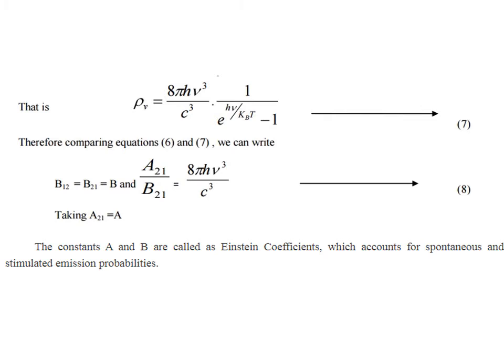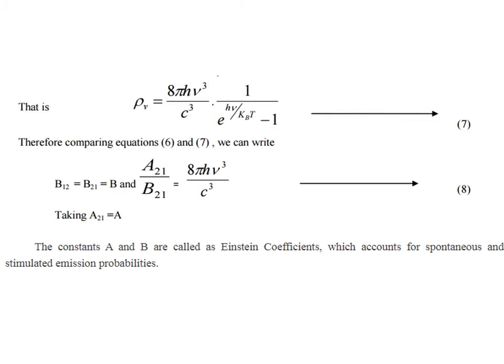So we will compare these two equations for rho, and we will obtain an equation for the Einstein's coefficients A and B. Comparing equation 6 and 7, in equation 6 you have a term A21 by B21, and correspondingly in Planck's law a term 8 pi h nu cube by c cube. So these two can be equated.